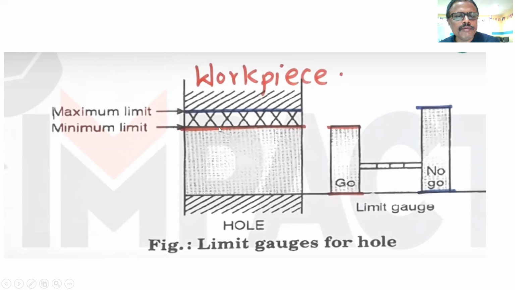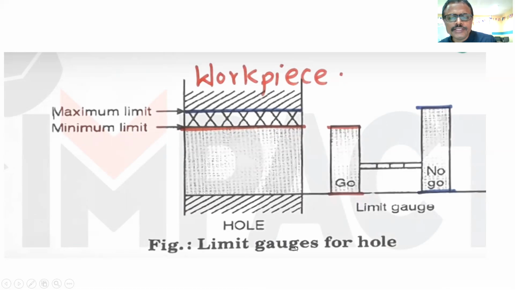You can see this is the minimum limit and this is the maximum limit. So what this gauge will tell you is whether this hole in this workpiece is accepted or rejected. That is determined by this plug gauge.